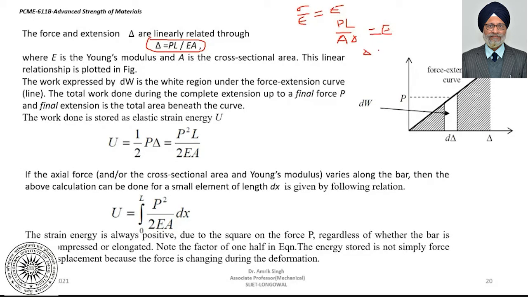So delta is equal to P L divided by E A.